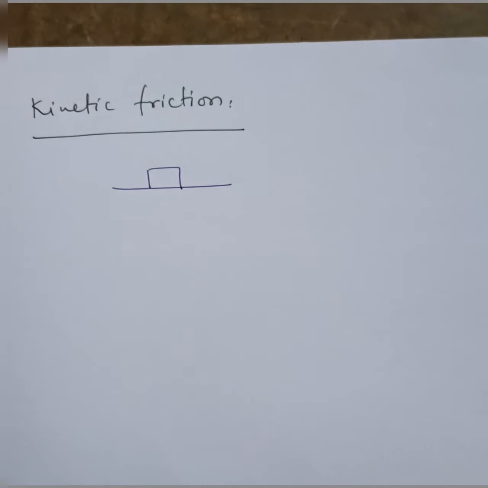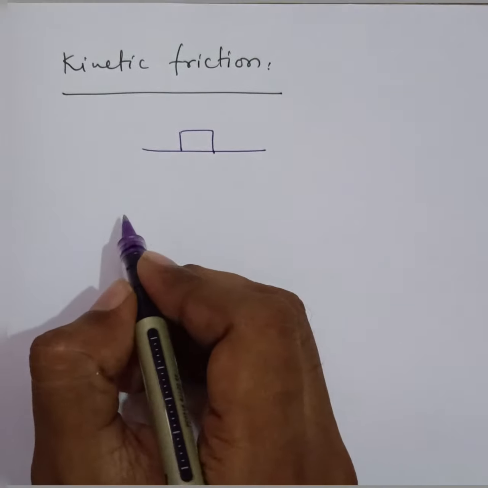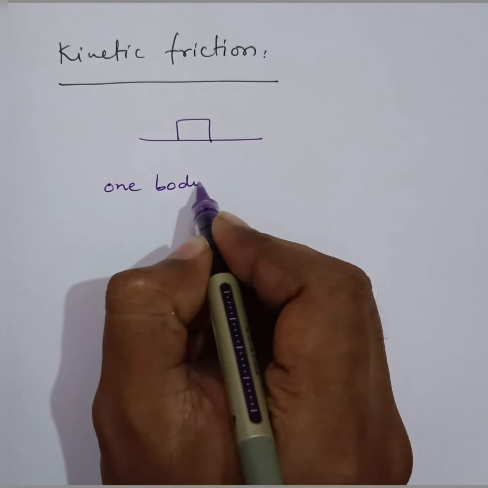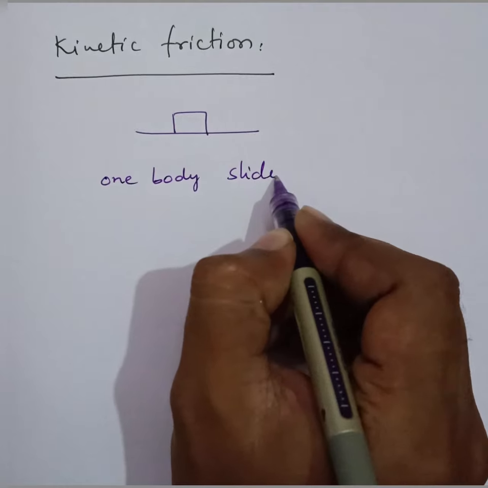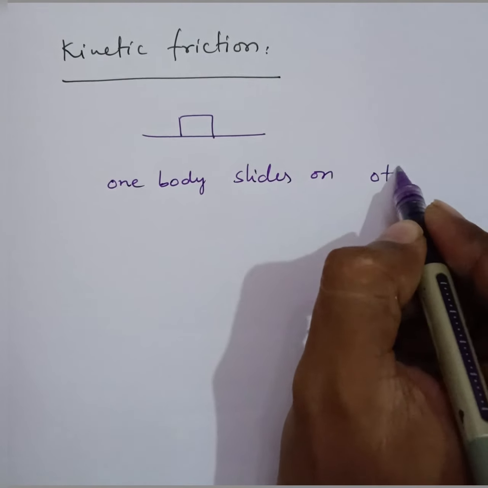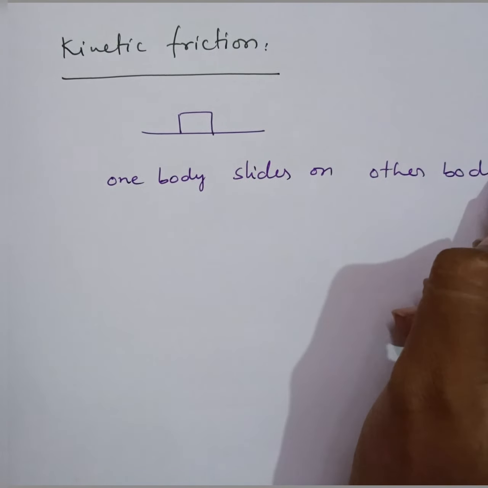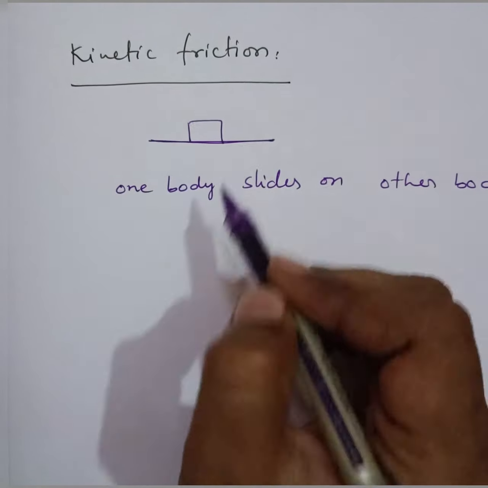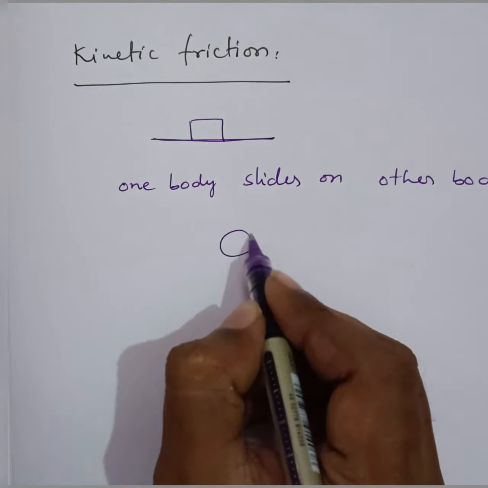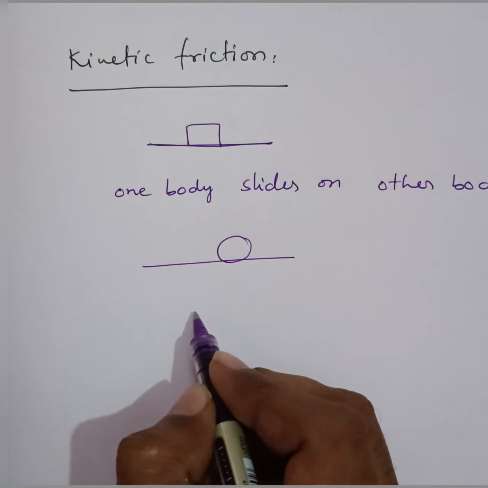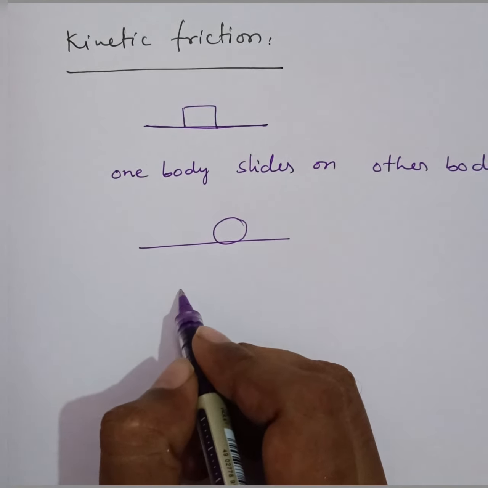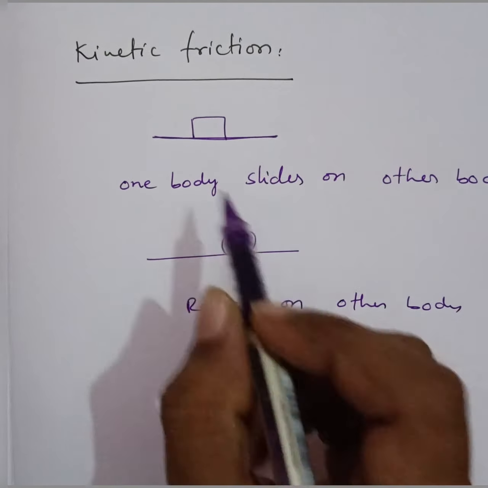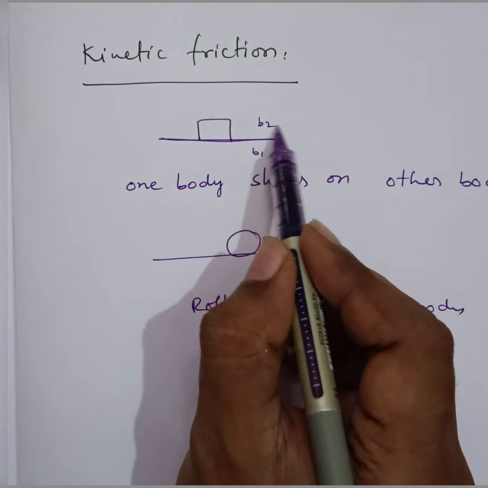Now in kinetic friction, we have two cases: when one body slides on another body, and when one body rolls on another body. This is body 1, this is body 2.